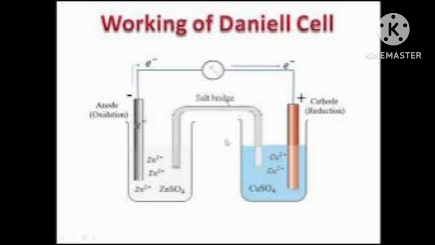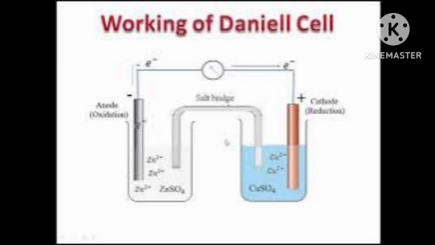ZnSO4 is a solution, zinc sulfate. Then when Zn is dissolved in ZnSO4, when metal is dissolved in its own metal ion solution, then what will happen? That metal will have a natural tendency to dissolve.